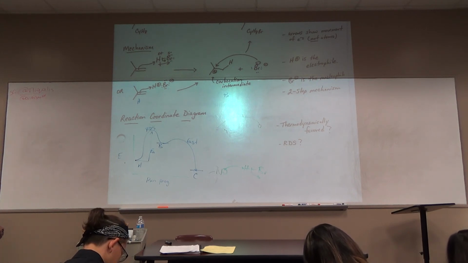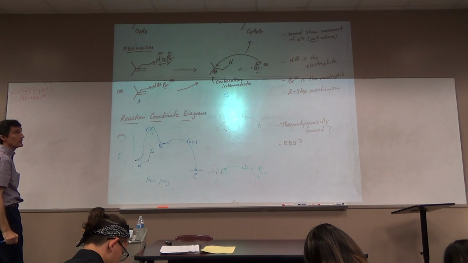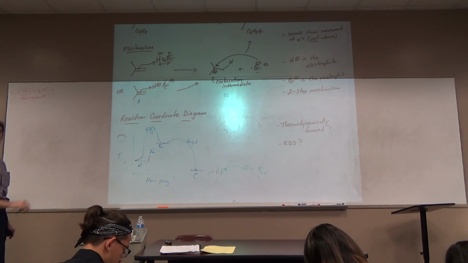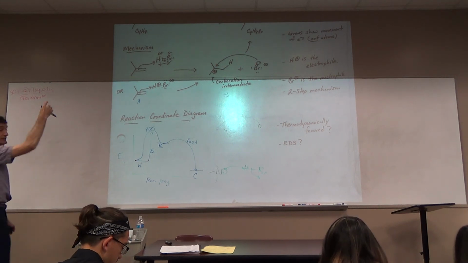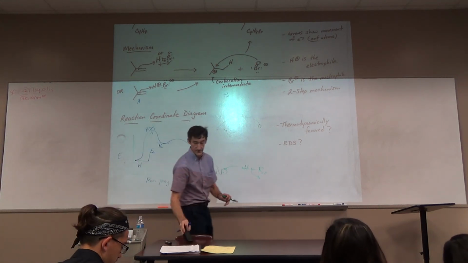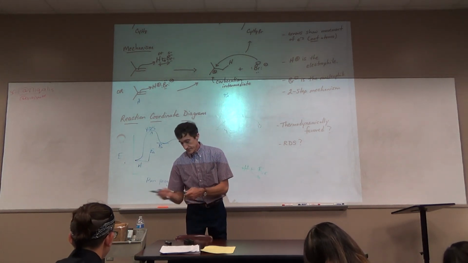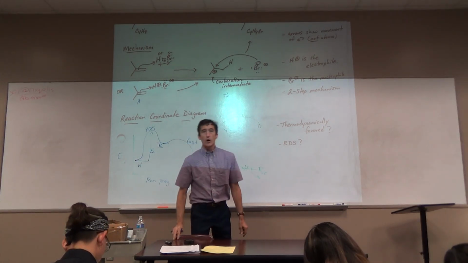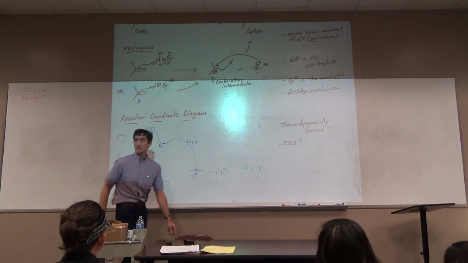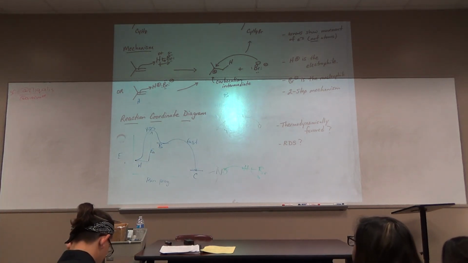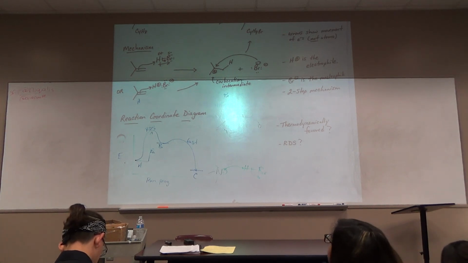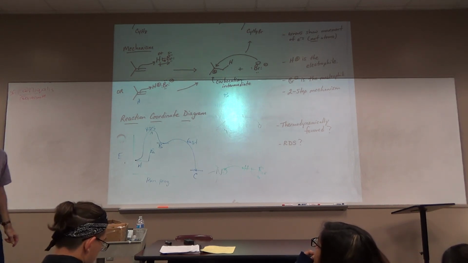Addition of the bromide is the fast step. If you want to make this reaction faster, which step do you want to focus on? Rate determining step. Forget about the fast step. That's not going to help you make it faster. Congratulations, you just made the fast step even faster. So what? The overall rate's still the same because it's controlled by the rate determining step.